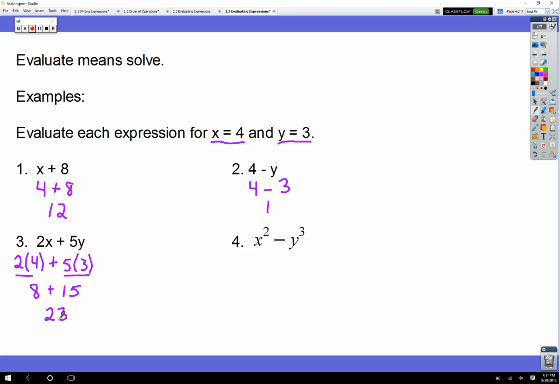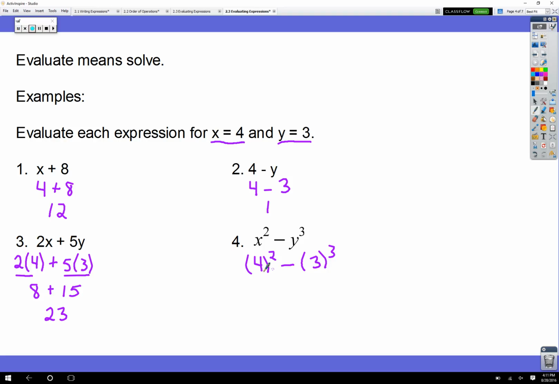Number 4, I have some exponents. So I have x squared. So I'm going to write 4 squared. And I like to use parentheses when I'm squaring things, and you'll see why later when we start to use negative numbers. Now I'm going to do minus 3 cubed. Okay, now I'm going to do exponents.